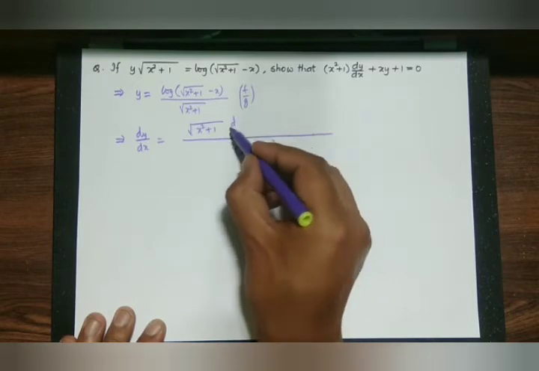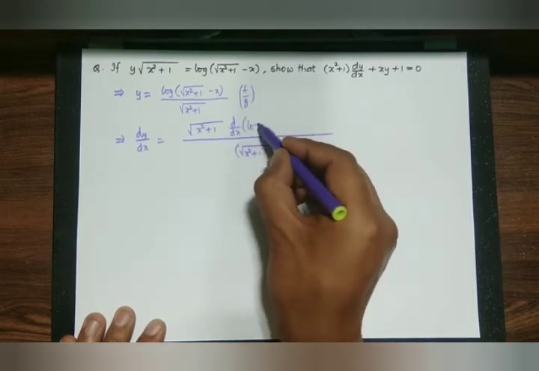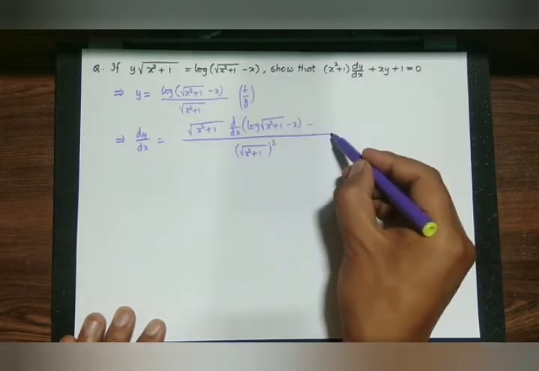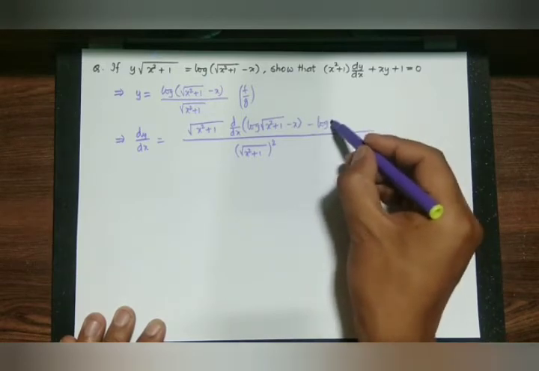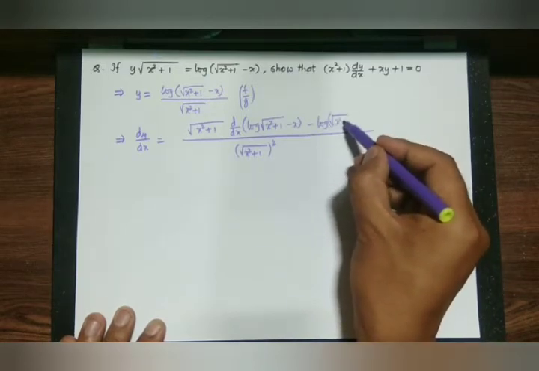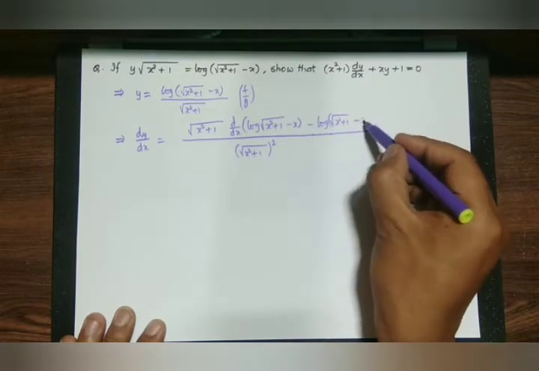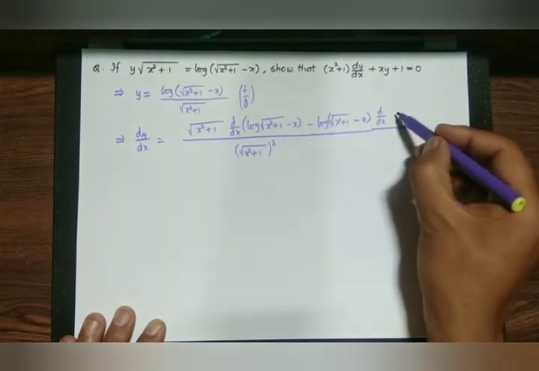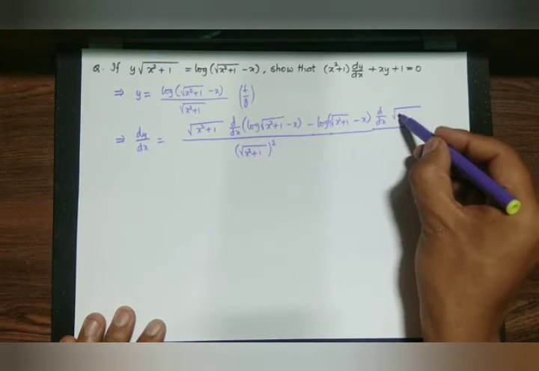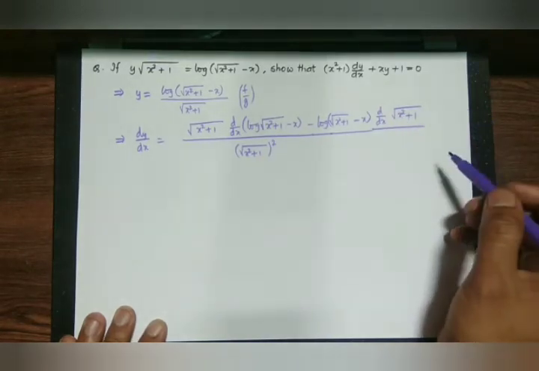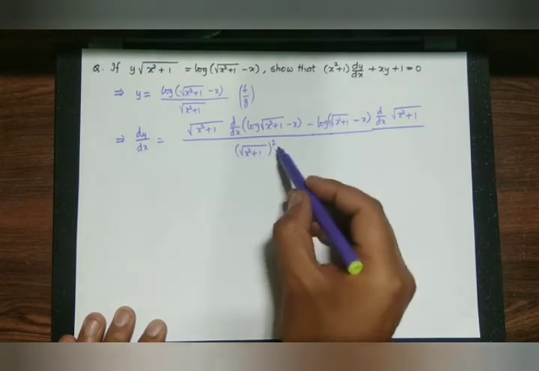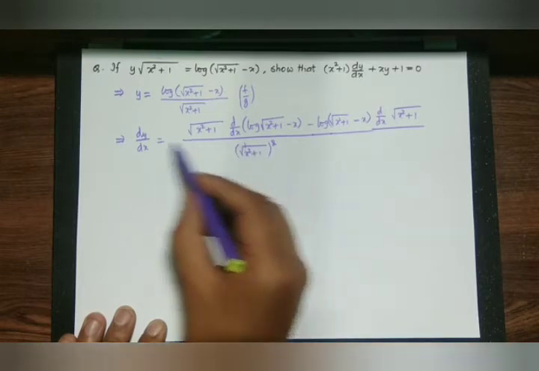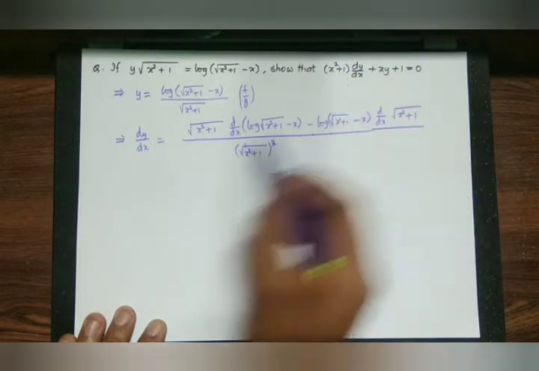Now we need to differentiate the numerator, that is log of x squared plus 1 minus x, d by dx of this one, that is x squared plus 1, right? Now next this and this will get cancelled, so we have x squared plus 1, and let me take this x squared plus 1 here, because with the dy by dx we have got x squared plus 1.